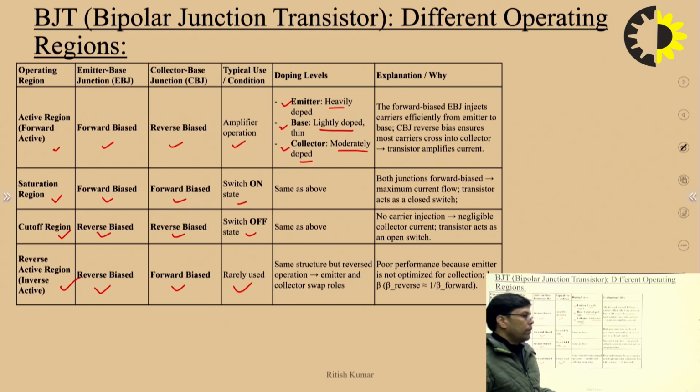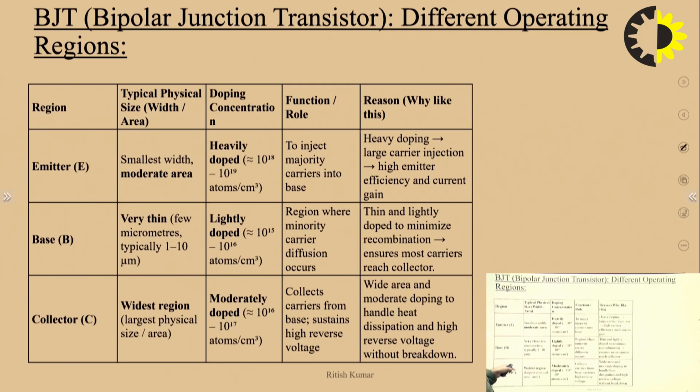Next, we need to understand what size the emitter has, the base has, and the collector has. So this is a table specifying the physical size of the emitter, base and collector, as doping level and concentration were studied in the last slide.